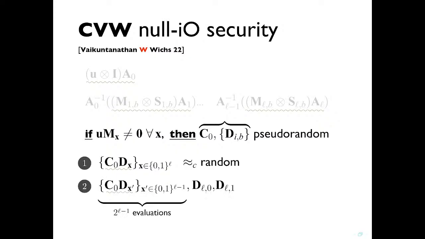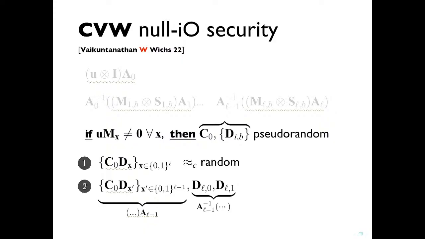Let's now look at what happens if you go one step back. Consider all possible 2 to the L minus 1 evaluations for all inputs of length L minus 1, for the first L minus 1 bits of the inputs, together with the last 2 encodings. Now we want to show that this distribution is pseudo-random. I'm going to show this by using the evasive RWA assumption, by observing that this quantity is essentially something multiplied by A sub L minus 1.